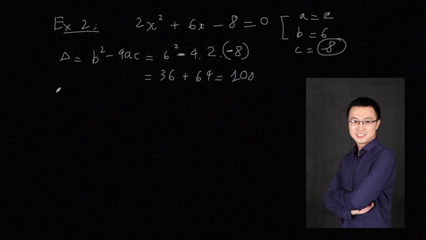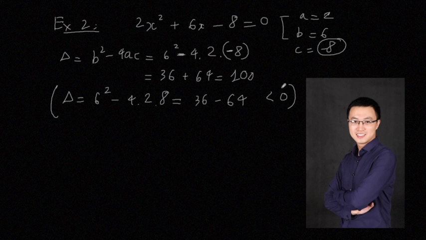And the most common mistake with this one is when you take the delta, you also take 6 squared minus 4 times 2 times 8, because you think c equals 8, so you write down 36 and minus 64, so it will be negative, so it cannot have a solution.